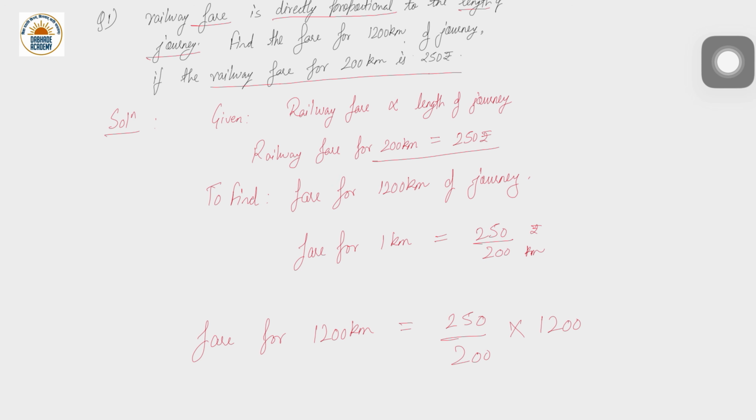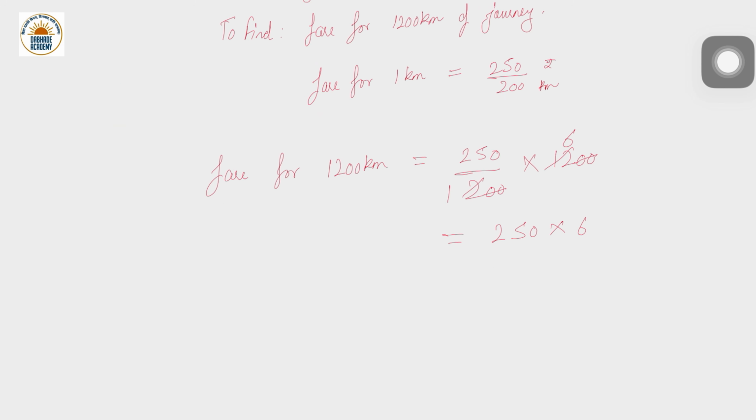Now these two zeros and these two zeros get cancelled. 2 ones are 2, 6 twos are 12, and then we get 250 into 6. 25 into 6 is 150, and this 0. So it will be around 1500 rupees as the fare for 1200 kilometers.